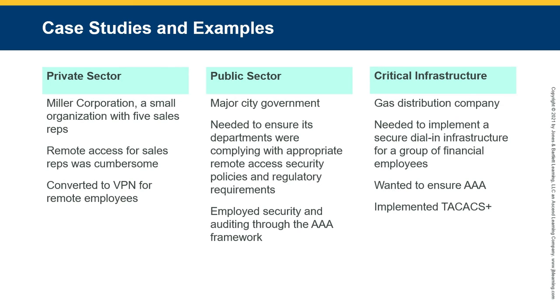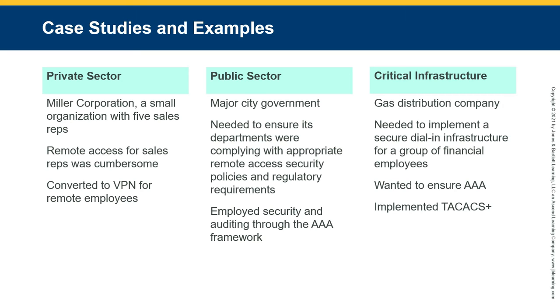Case study. Private sector: Miller Corporation, a small organization with 5 sales reps. Remote access for sales reps was cumbersome, so they converted to a VPN for remote users. Public sector: a major city government needed to ensure its departments were complying with appropriate remote access security policies and regulatory requirements. It employed security and auditing through the IAAA framework.